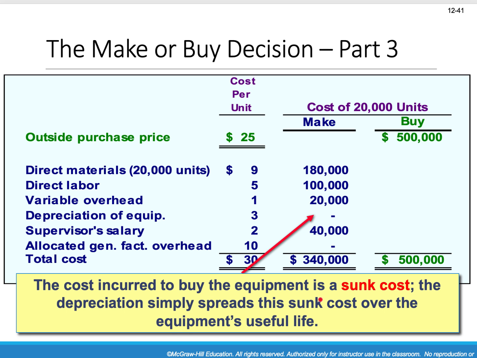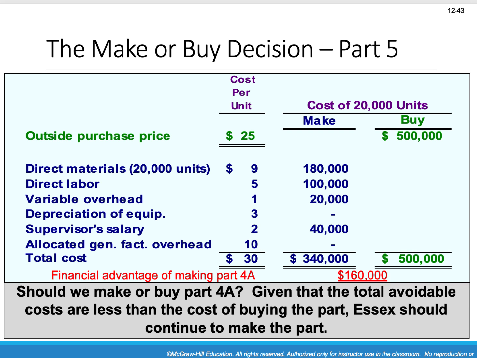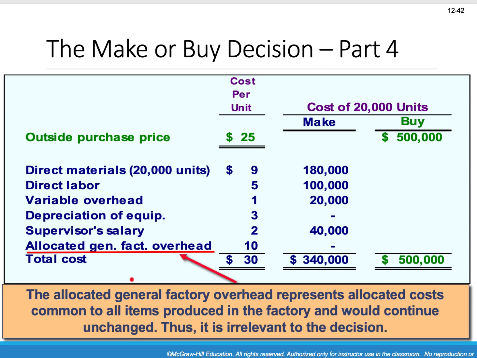So again, we see here that the sunk cost of depreciation, that was the cost we incurred to buy that equipment. It's sunk. We don't consider it, right? Oh, sorry. The general factory overhead. They said that this represents an allocated cost, right? Meaning we allocate general factory overhead to this component part.